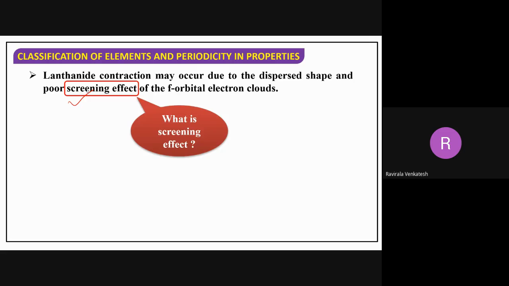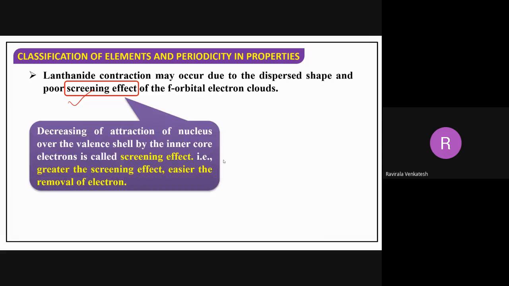What is screening effect? The decrease of attraction of the nucleus over the valence shell by the inner core electrons is called screening. This is the definition.